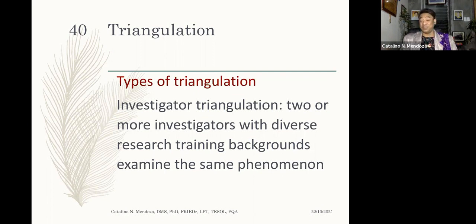So they have their own dosages, but simply focusing on what aspect? To build immunity or the immune system among the hosts or the people, to be more specific. Two or more investigators with diverse research training backgrounds examine the same phenomenon. Exactly, that is why there is what we call variation when it comes to vaccines.